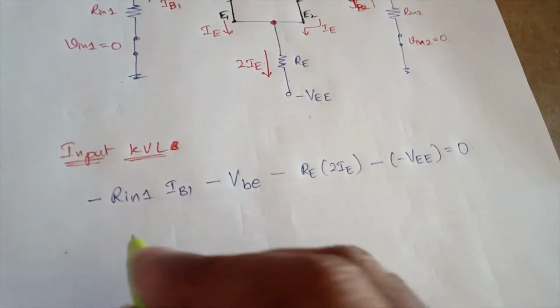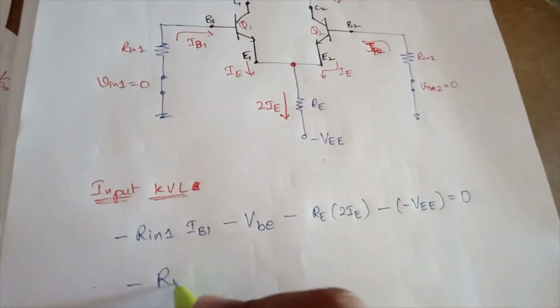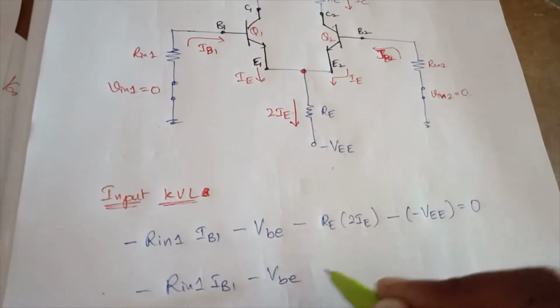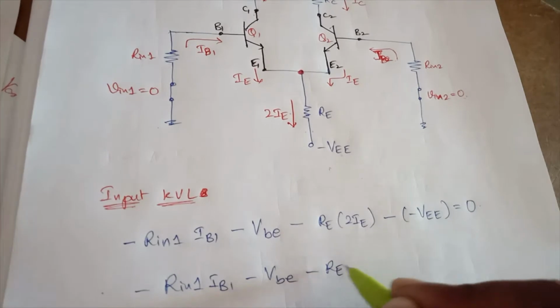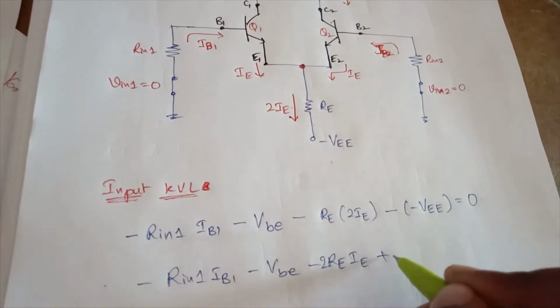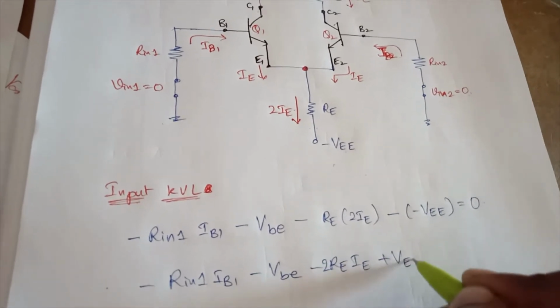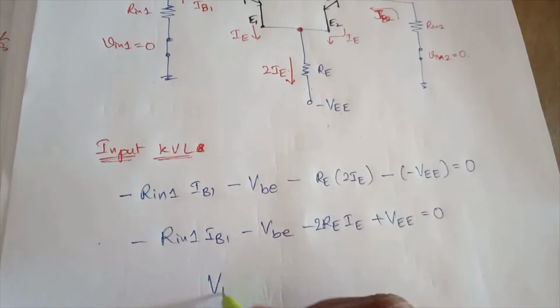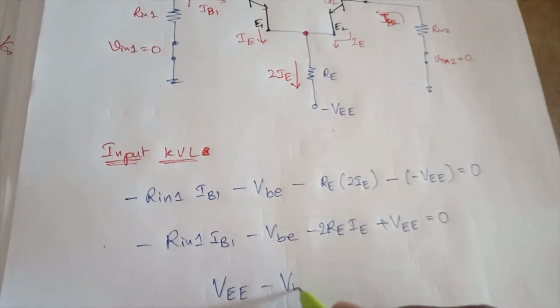Simplify this equation: minus Rin1 IB1 minus VBE minus RE into 2IE, minus of minus becomes plus VEE, is equal to 0. This I rewrite as VEE minus VBE.